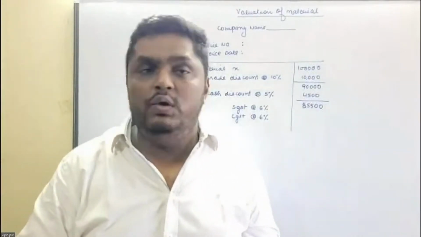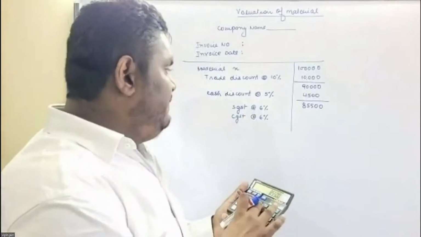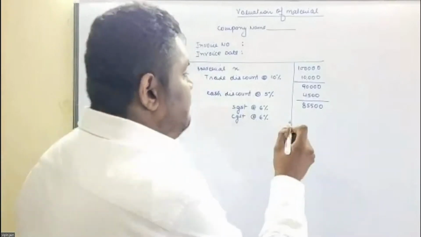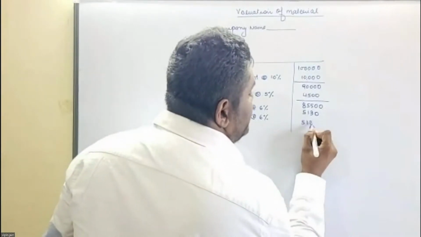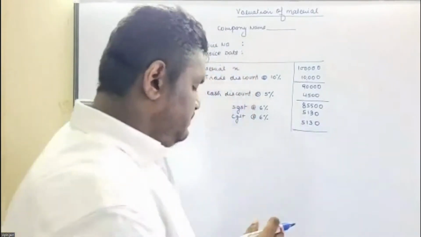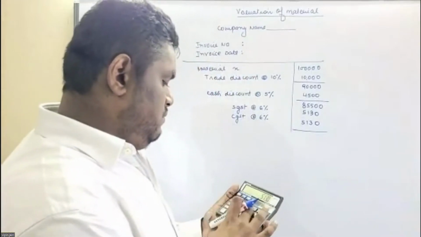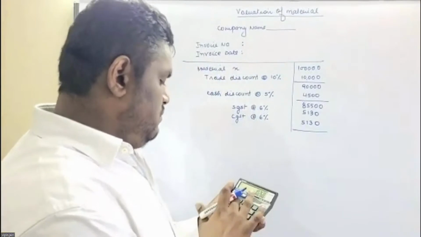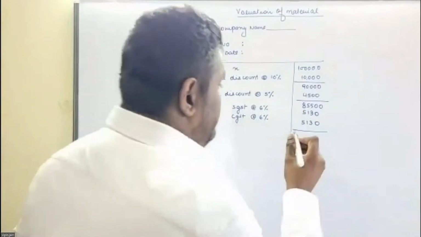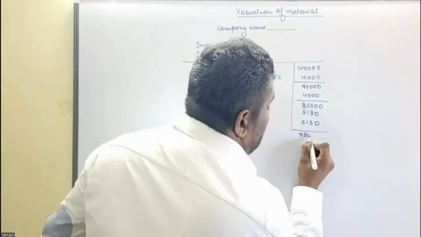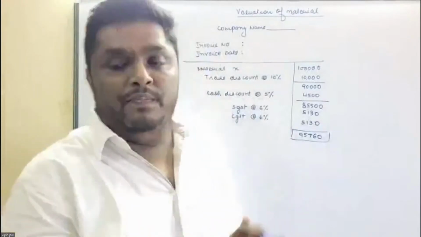Yes, examiner, do ask questions, Mr. Uday. So 85,500 into 6% is 5130 and 5130. So this is the total invoice amount.